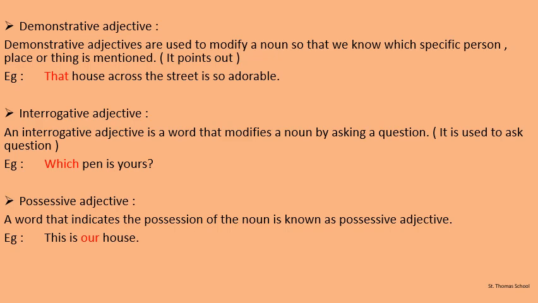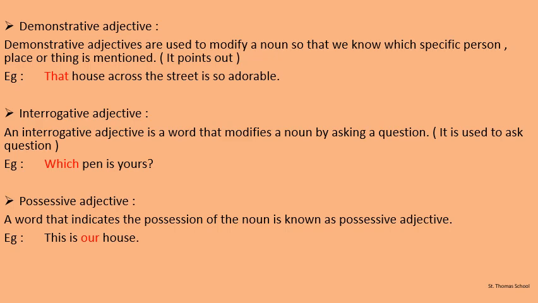Next one, interrogative adjective. An interrogative adjective is a word that modifies a noun by asking a question. So when interrogative words are used to form a question or to ask a question, that interrogative word is known as an interrogative adjective.